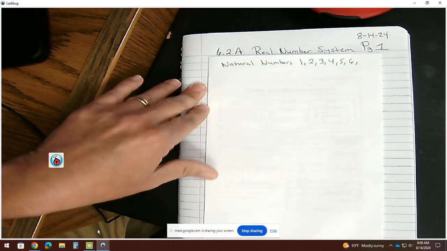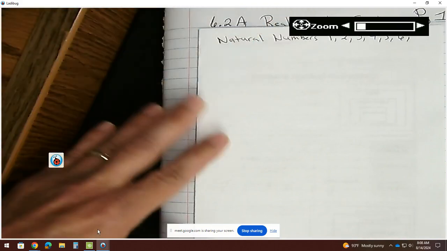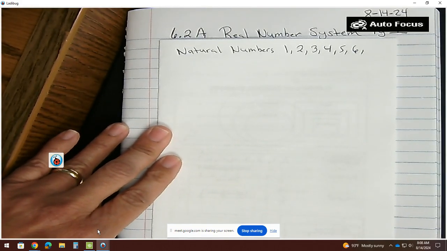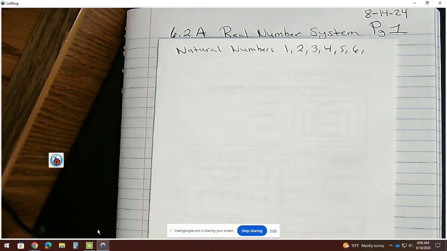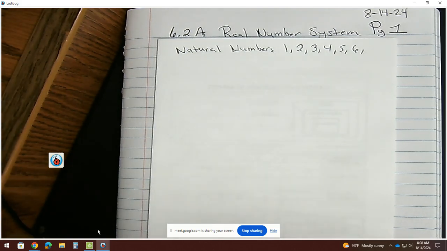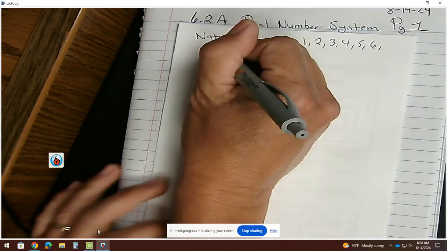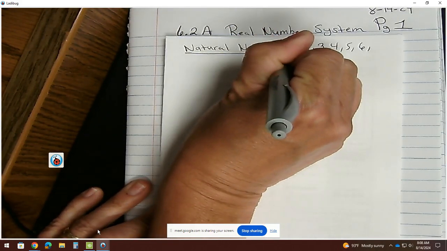Why are they called natural numbers? Because naturally all of us begin with 1, 2. So a long time ago in the history of humankind, somebody said, how are we going to quantify things? How are we going to figure out how much you have? By counting, right? So that's the first system that came into life.